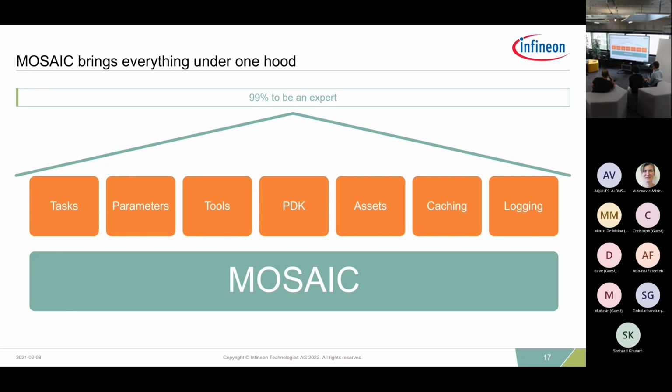We have the parameters, how to handle those. Then what you asked about the tools. So how do we handle tools inside of the MOSAIC framework? Then we have the PDK. So we need some technology information. So how do we access those? Then we have assets. So basically assets are things that you deliver with your generator that are kind of read-only, like schematic templates or stuff like that.